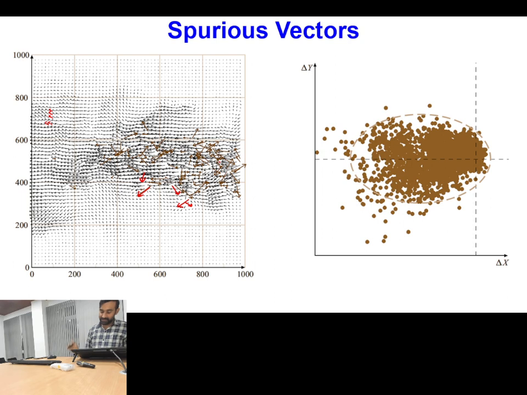So here you can see one good estimate: if you plot all the displacements delta x and delta y between the two frames for all subframes, you will find that the majority of the displacements cluster in some single domain, because your time interval is so small.